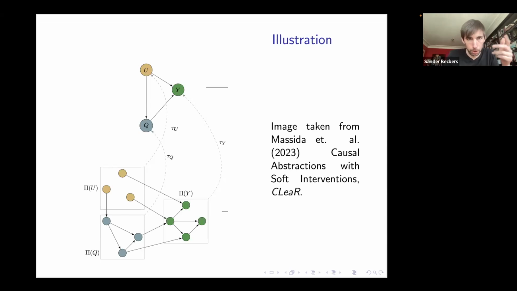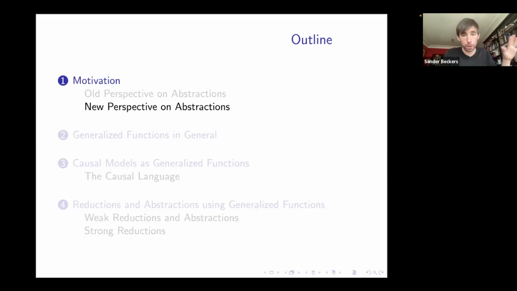So the U high-level variable is actually an abstraction of the three brownish variables on the bottom, and similarly for Y and Q. And so we have separate functions tau for each of those, and the full tau is simply the composition of those separate functions tau. That might make life easy, in particular if we're going to invert tau. It's very clear what it means to invert tau in this case, and it's not so clear if the function is more complicated. Okay, this was all about the past.